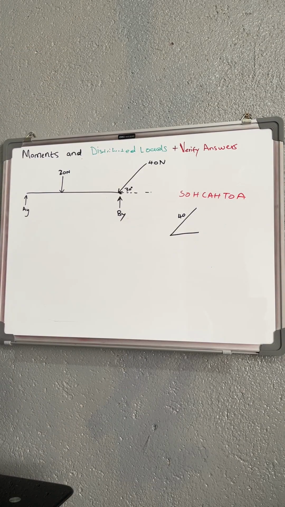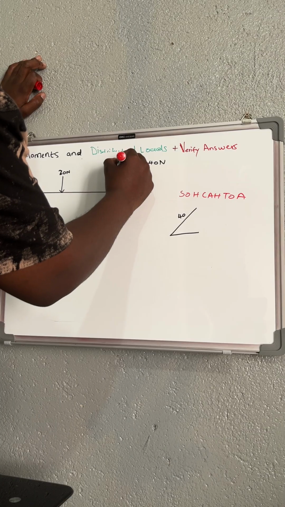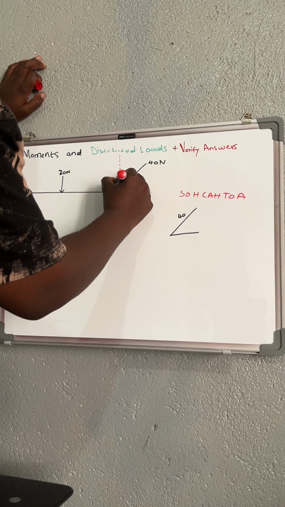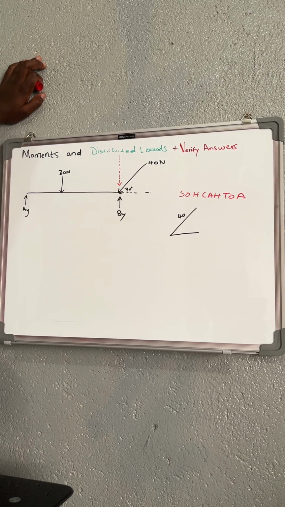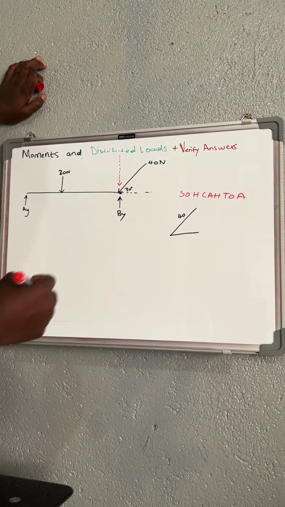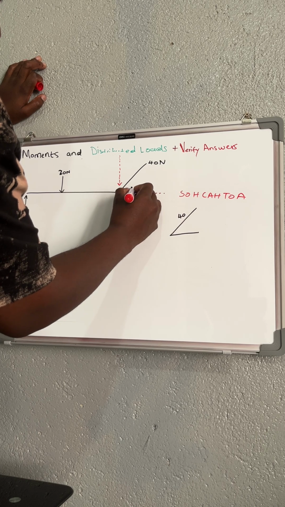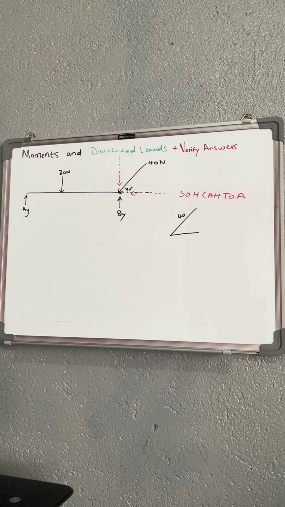What we are trying to establish is that we cannot work with a force that is at an angle, so we would rather take its components. So we're going to have a force like this in the y-axis, and we're also going to have a force like this in the x-axis.